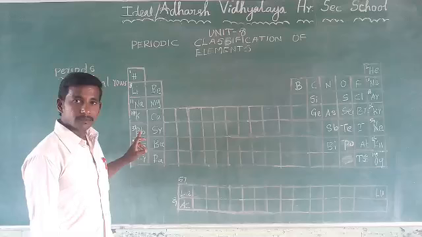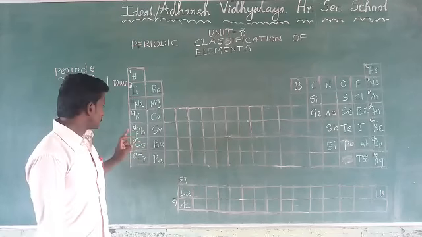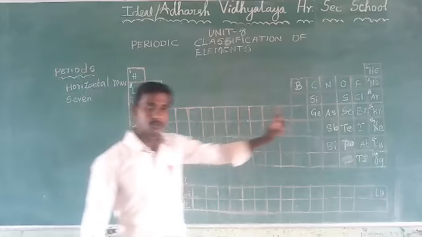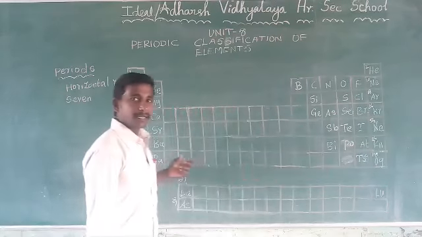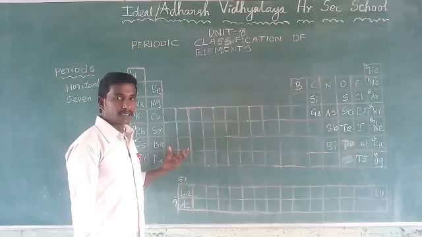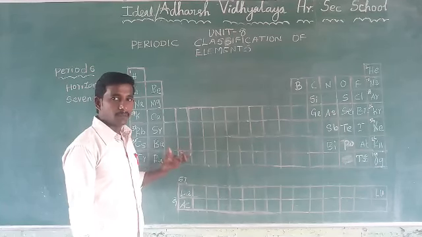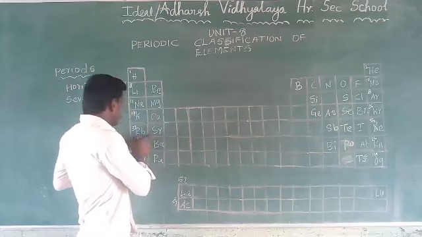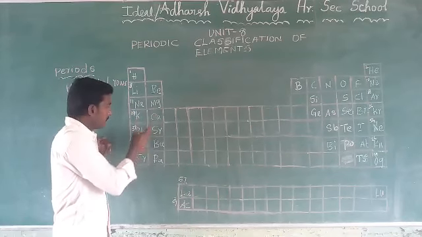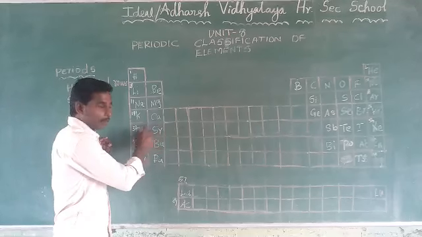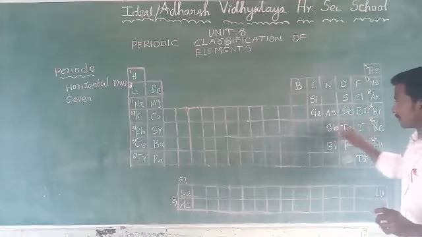Okay. Next, the fifth period, from element rubidium to xenon. It also contains 18 elements. In that, 8 normal elements, like the fourth period: here 2 normal elements and here 6 normal elements.